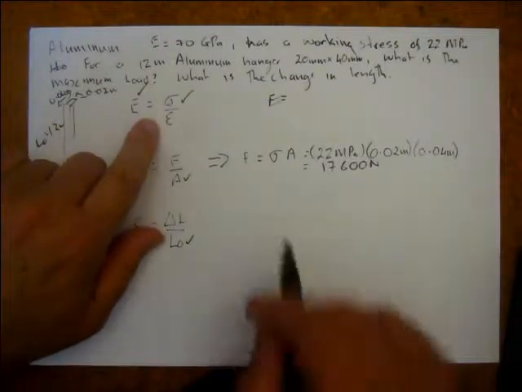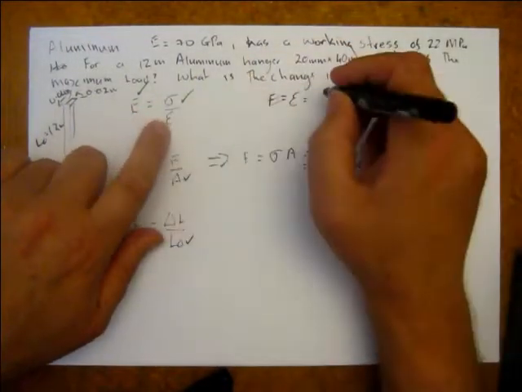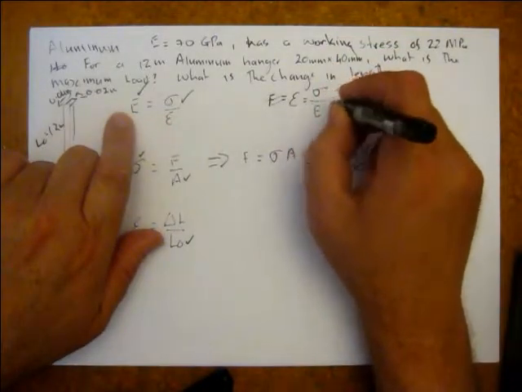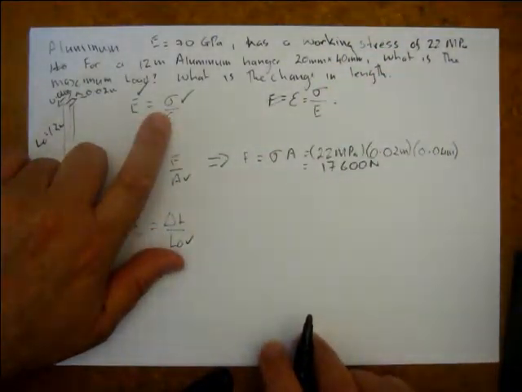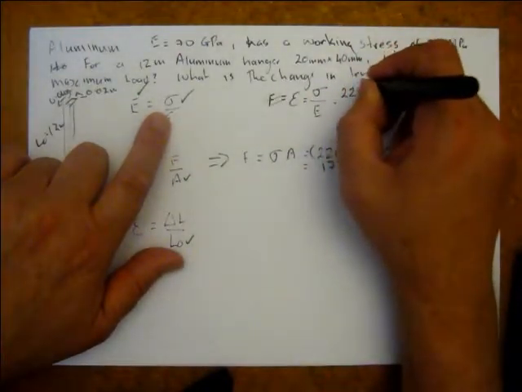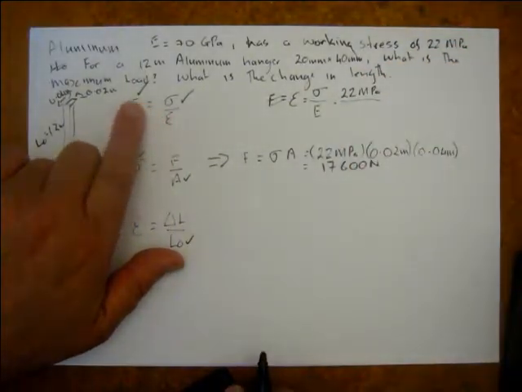Well, let's work out this one. Strain is equal to stress over Young's modulus, which is equal to, what's the stress? We said the maximum was going to be 22 megapascals. That's the maximum safe working stress.